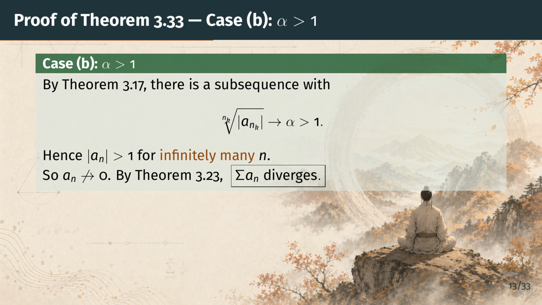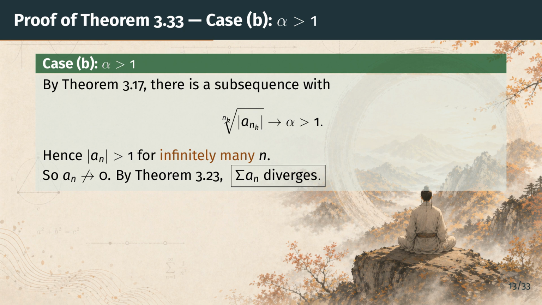Since alpha exceeds 1, that root exceeds 1 for all large members of the subsequence, which forces the absolute value of a sub n itself to exceed 1 for infinitely many n. But then the terms cannot possibly tend to 0. Recall theorem 3.23. If a series converges, its terms must tend to 0. Since that necessary condition fails, the series diverges.